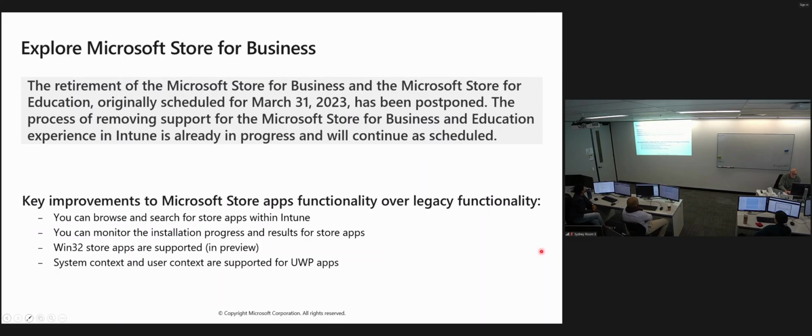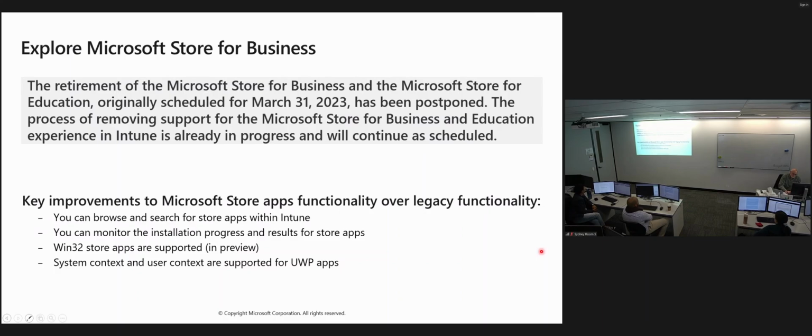They talk there about the improvements of the Microsoft Store apps over legacy functionality. We can browse and search for store apps within Intune. We can monitor the installation progress and results for store apps. Win32 store apps are supported, that's in preview.